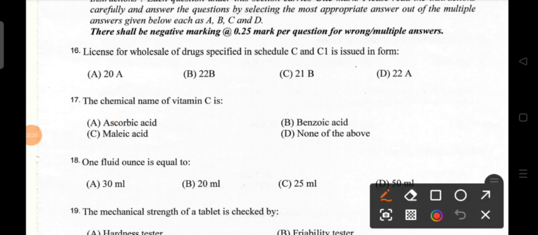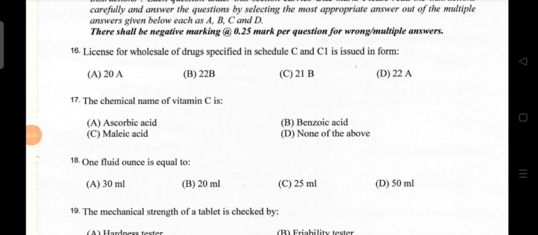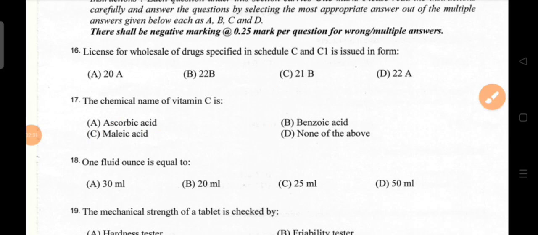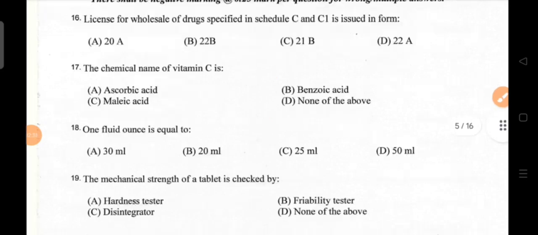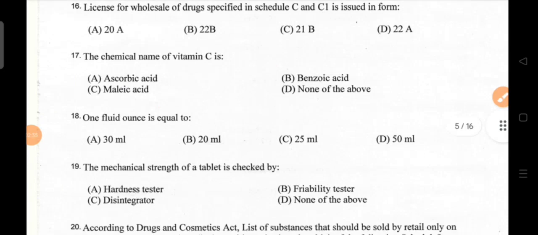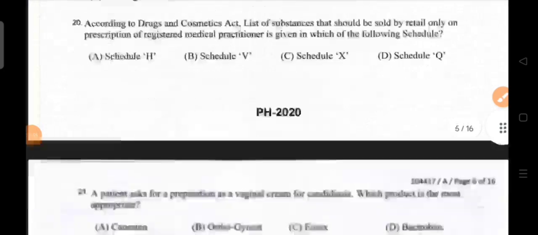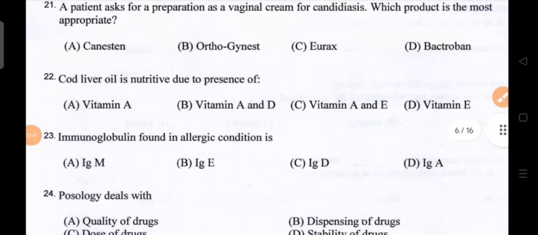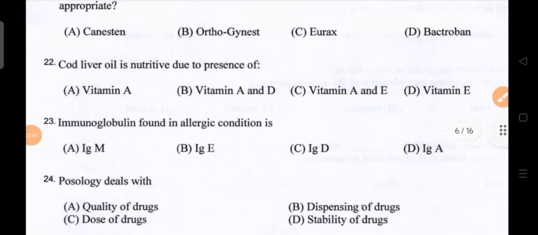Next, come to question number 22. Cod liver oil is nutritive due to presence of which of the following vitamins?